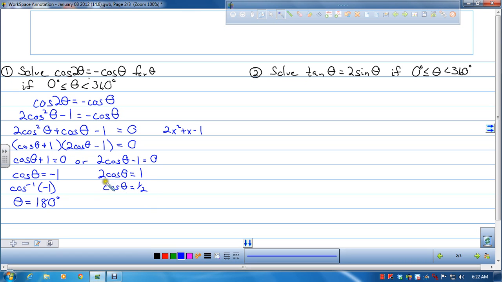I'd look on my unit circle, figure out where I have a cosine of 1/2, or where my x values equal 1/2, and I would find out that theta could be 60 degrees, or theta could be 300 degrees. In both spots, my x value is 1/2.